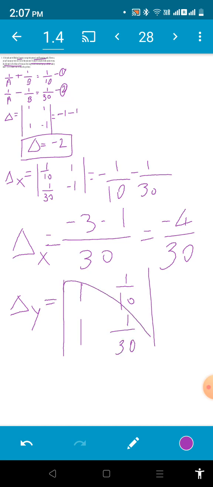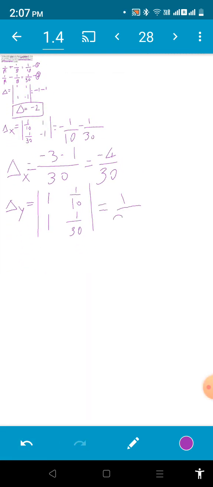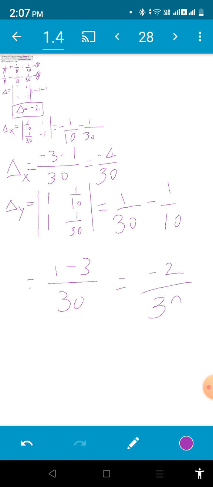So I evaluate 1 by 30 into 1, that is 1 by 30 minus 1 by 10. I take the LCM for these values: 30, this is 1 time, minus 3 times. I get minus 2 by 30 for delta y.